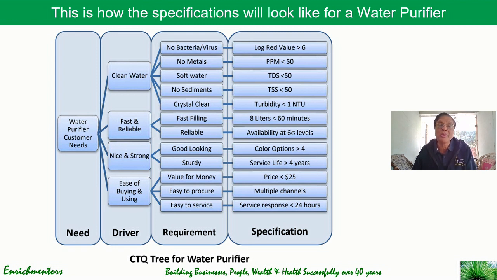You should be able to operate it when you need it, and it should fill the water fast. Nice and strong would be specified by the customers as good looking and sturdy, right? If it falls on its left or right side or the back side, it should not break. Ease of buying would be specified in terms of value for money, ease of procurement, and easy to service.